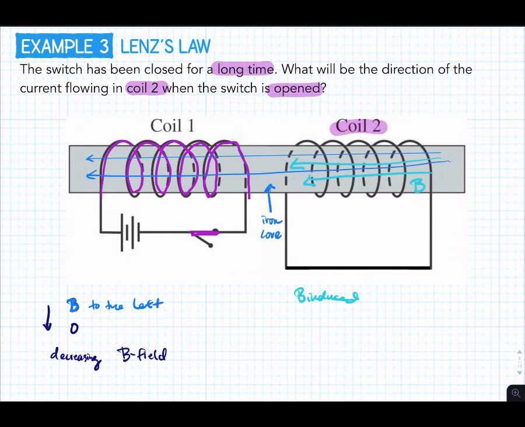So in order to get that magnetic field still to the left, we need our fingers to curl like this, which means using right-hand rule, we're going to get I induced to the right.